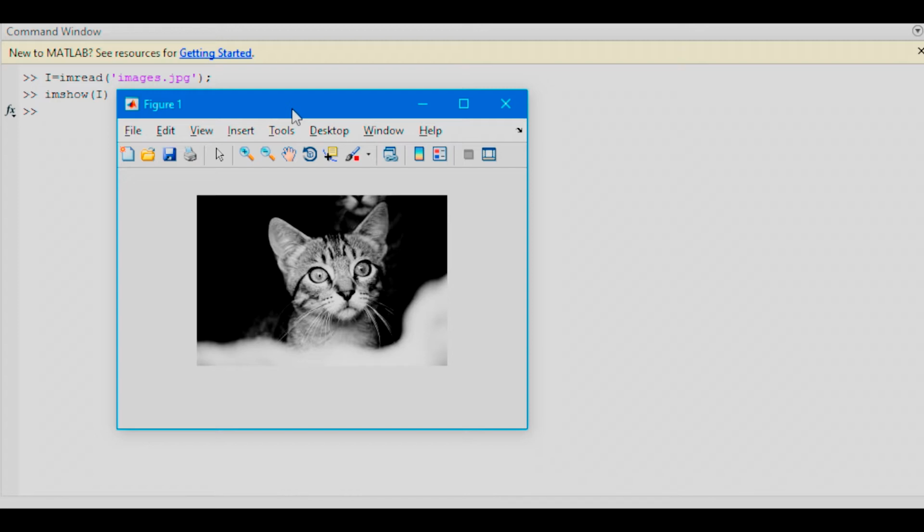So I'll be doing this demonstration for black and white or grayscale, but you can apply the same logic for RGB, in which the image has to be first converted into three different images: red, green, and blue. And then you do the convolution for each of the sections and then combine them to form the RGB image or the processed RGB image again.